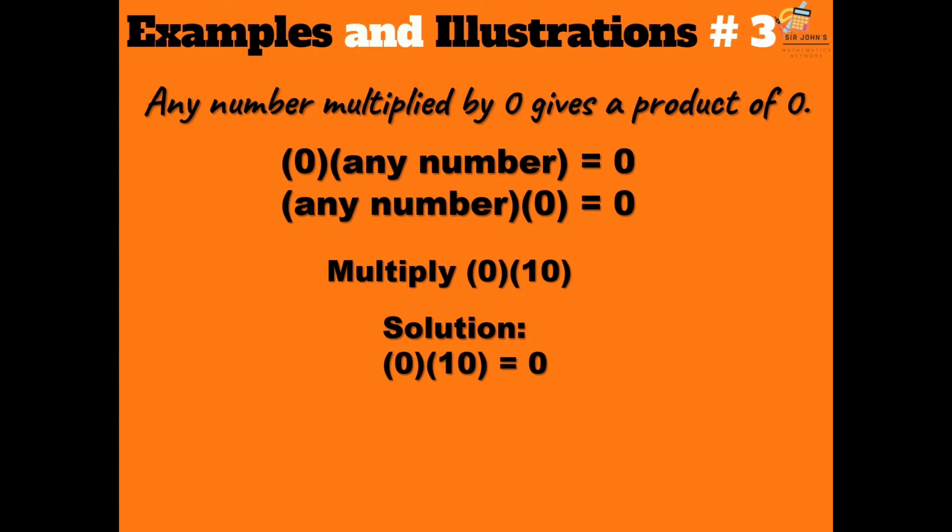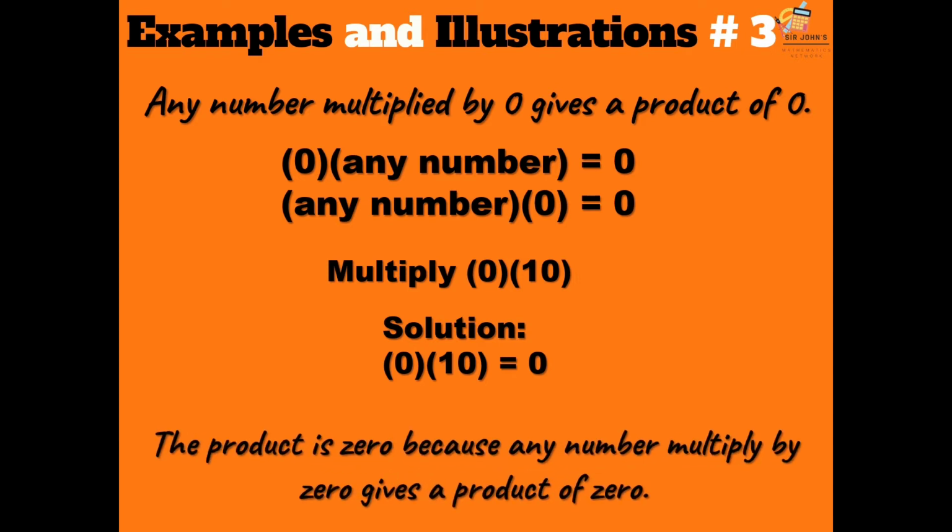Or 10 times 0 is equal to 0. Or pwede nating sabihin na kahit anong number, kahit negative yan, at i-multiply mo yan sa 0, 0 pa rin ang product. Let's say for example, negative 2 times 0 or 0 times negative 2, the answer is still 0. The product is 0 because any number multiplied by 0 gives a product of 0.